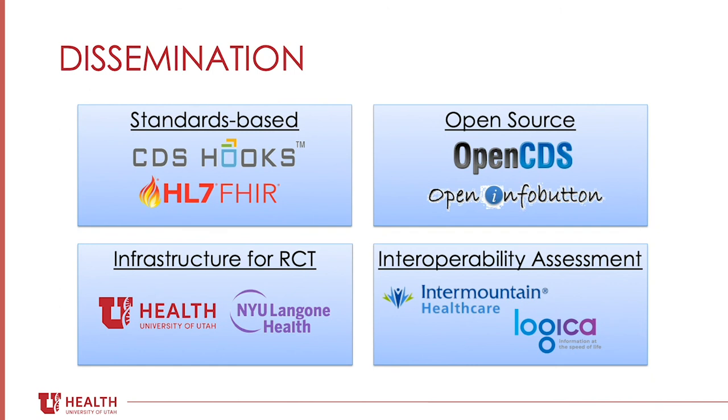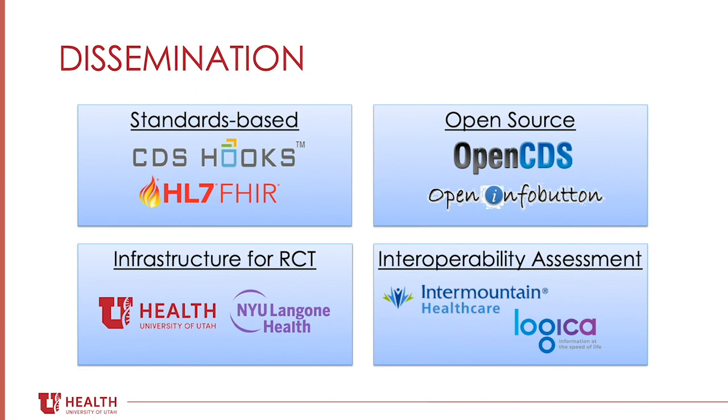Okay, so a little more on dissemination. Again, in the ITCR program, the whole goal is to try to disseminate this kind of tooling. We follow several approaches to make that happen. First, everything we do is standards-based, and CDS Hooks and FHIR are the primary standards that we adopt. We also use open source technology in our platforms. They're all open source.